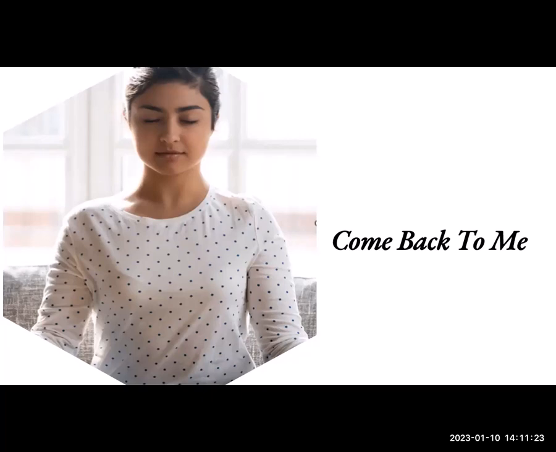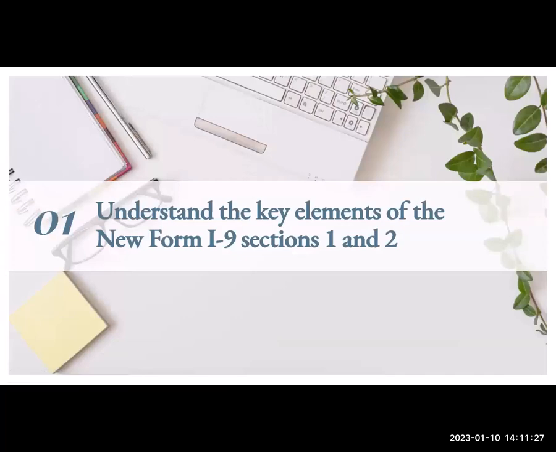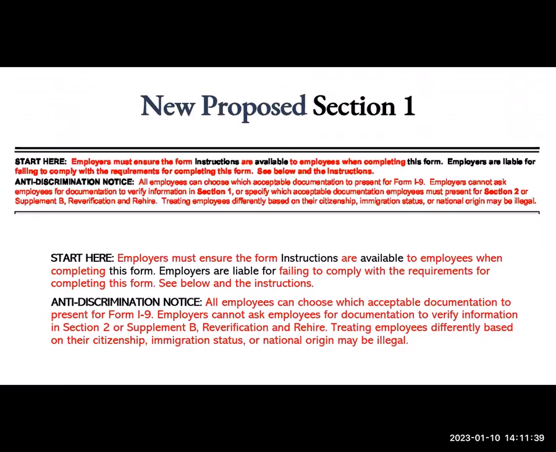So let's do this. All right, next slide. Okay, understanding the key elements of the new Form I-9, sections 1 and 2. So let's look at the top. Next slide.